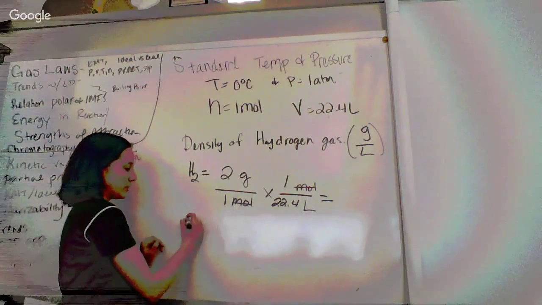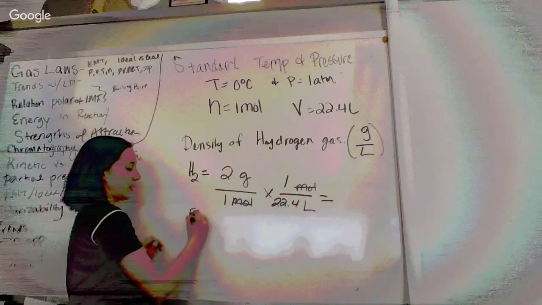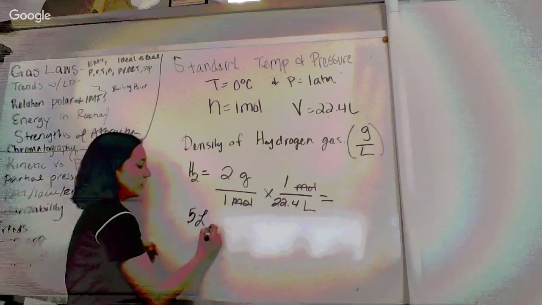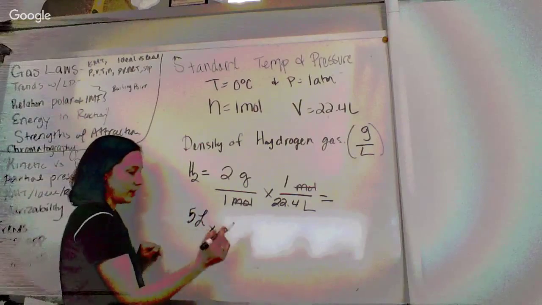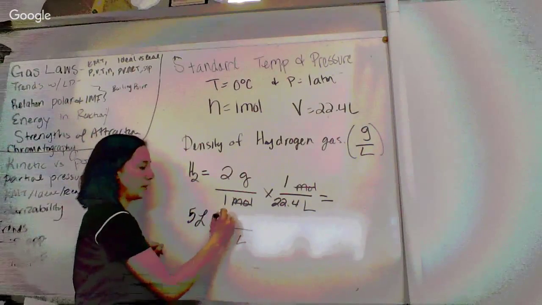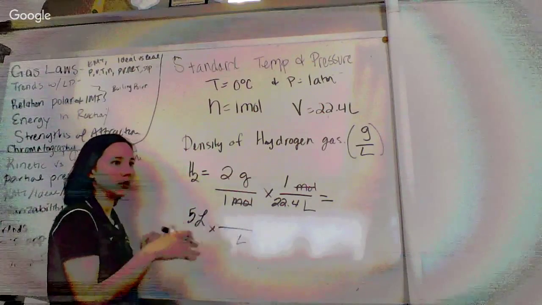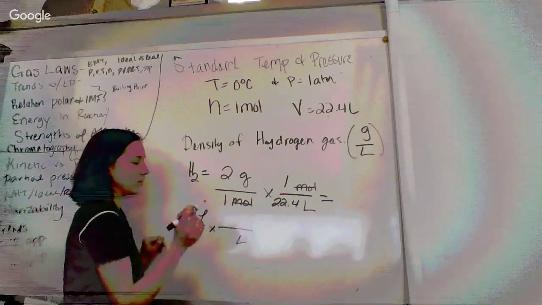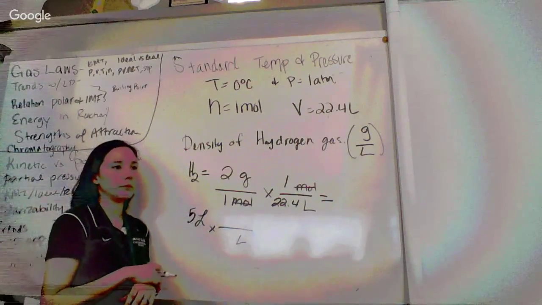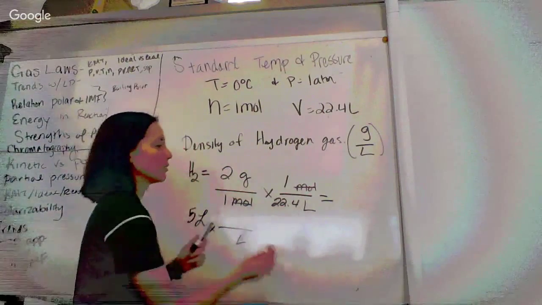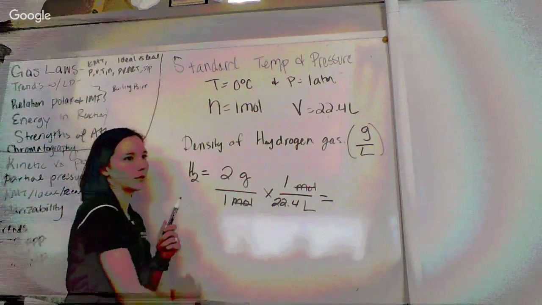Like if I said there was 5 liters of some unknown gas, and you were given its density, you could put liters on the bottom and then be told your number of grams. You'd use your density that way. I'd have to have a problem in front of me, but does that make sense? Because we're looking for the relationship between moles and liters. That's what we're looking at.